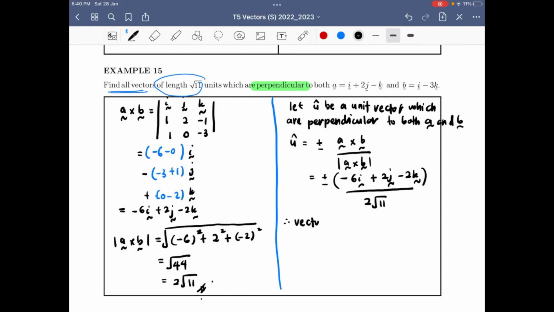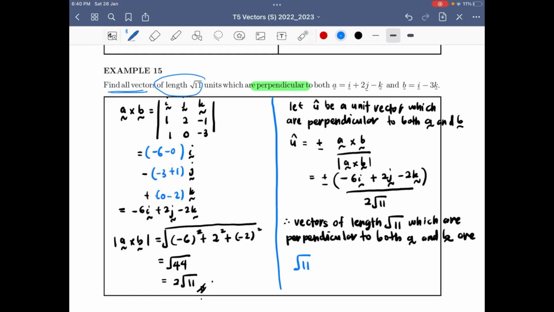Vectors of length 11 which are perpendicular to both A and B are, okay, we need to multiply by sed 11.